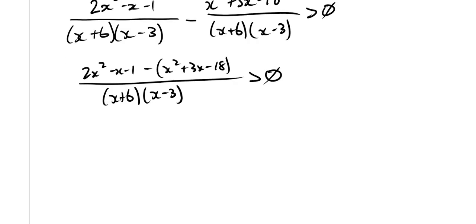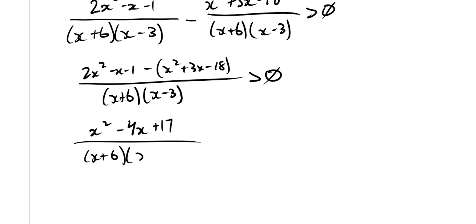Now I need to actually subtract. 2x squared minus 1x squared is x squared. Negative x minus 3x is negative 4x. And negative 1 minus 18 is positive 17 because it's negative 18. And I get x plus 6, x minus 3.